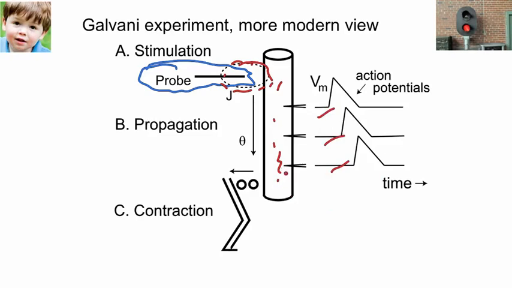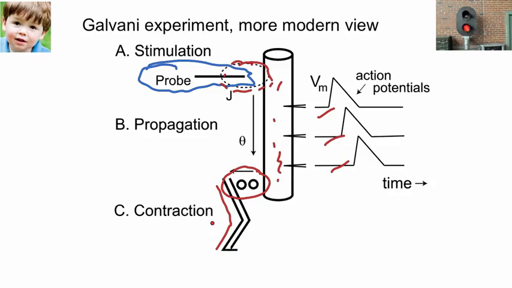As the action potentials reach the end of the nerve, they release neurotransmitters, indicated by these circles, which are chemical elements. The neurotransmitters produced additional action potentials and then resulted in contraction of the muscles of the frog's leg. Quite a complicated process, but all controlled, that is, initiated by the probe and by the electrical stimulus.